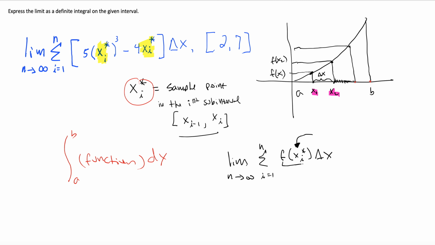And this is the y value that corresponds to it, so this is the height of a rectangle. This is the base of a rectangle, so you get your height, you get your base, and together you get your area. We're just making rectangles out of non-endpoint values, same thing as sample points.